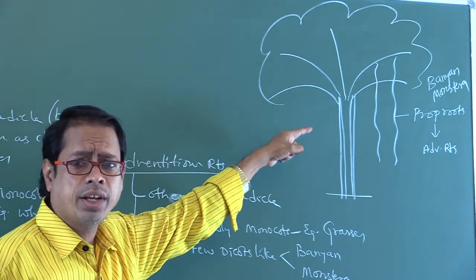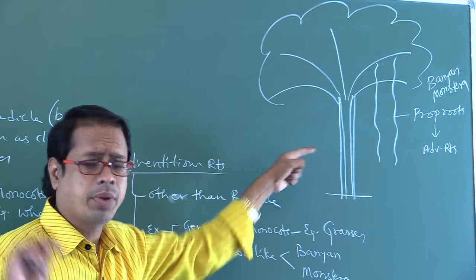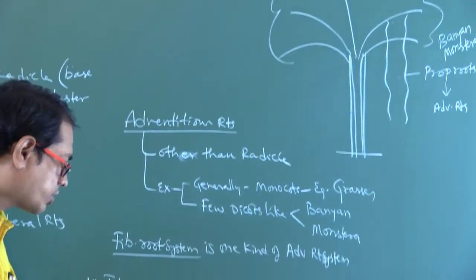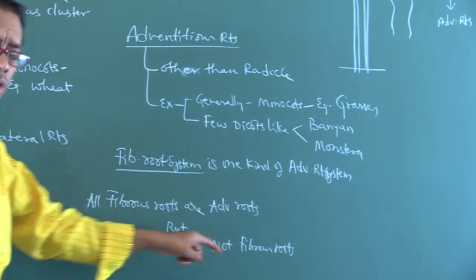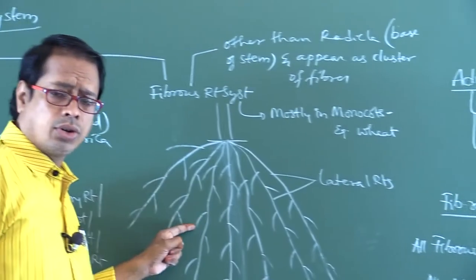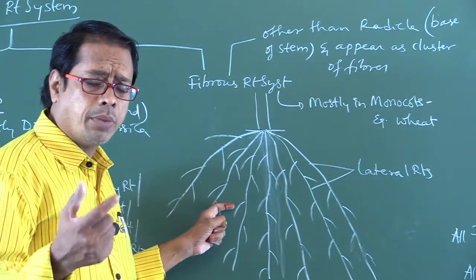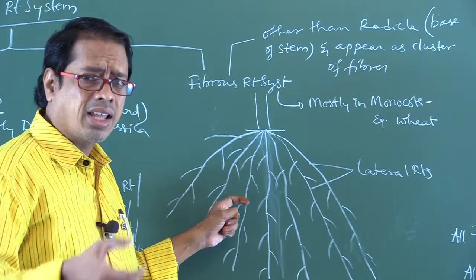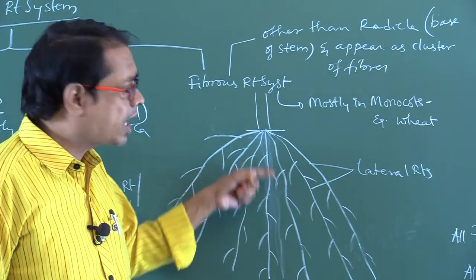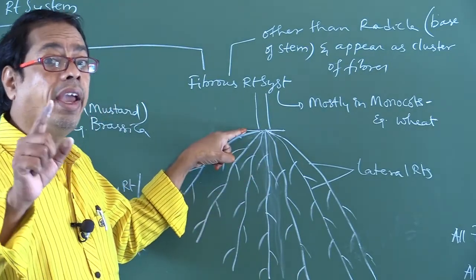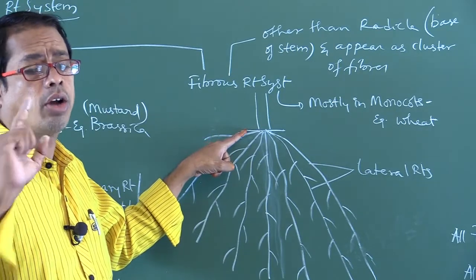Fibrous roots appear in a cluster but develop from other than the radicle. Other than the radicle means from which part? The base of the stem. That point you have to remember.